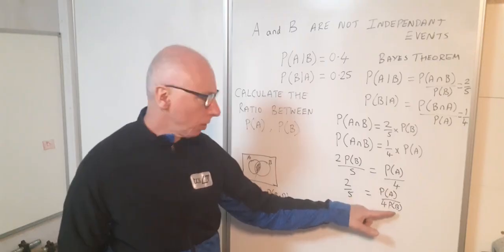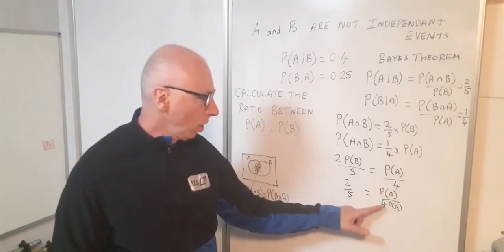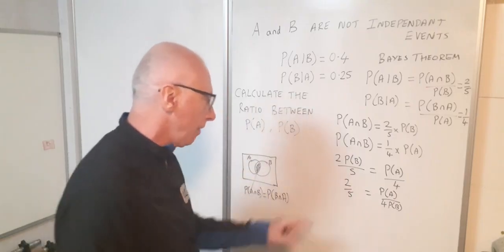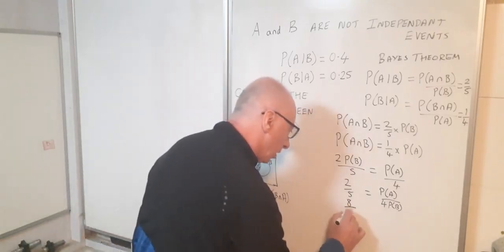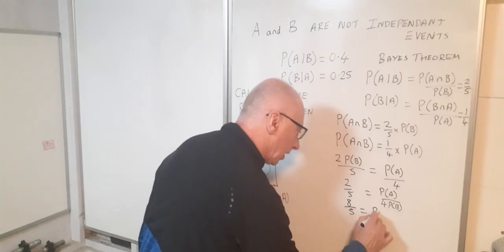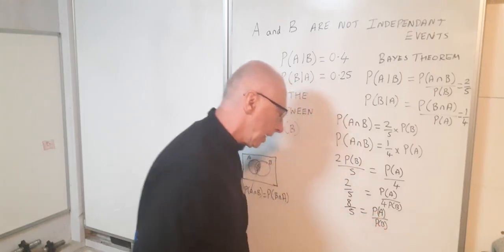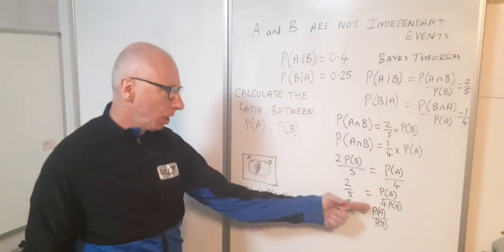Then I've got my ratio set out as a fraction. All I need to do now is multiply both sides by 4. If I do that, I'll have 8/5 equals the probability of A over the probability of B. And now I've got my ratio set up.